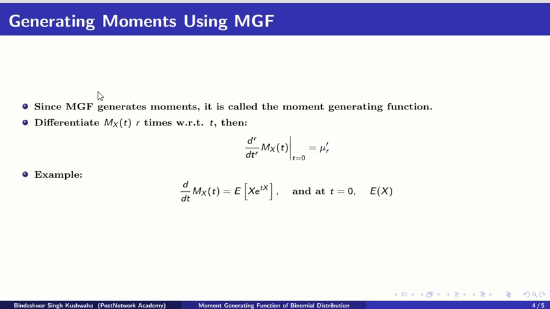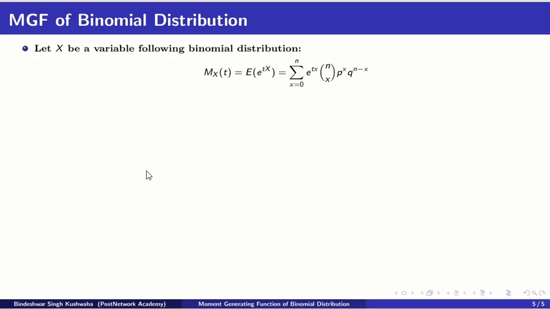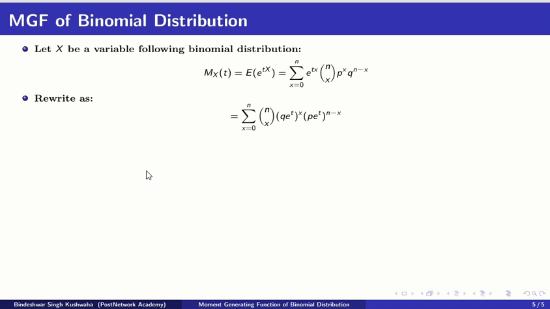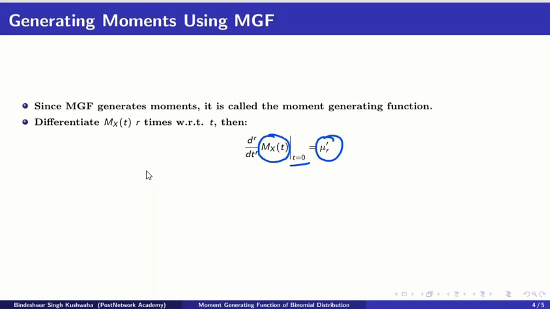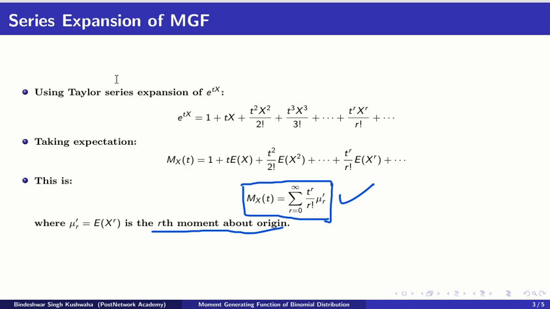For example, if you want the first moment, you will differentiate one time and put t equal to 0, and you will get E[X]. Here I am writing again because I want to show that suppose I want the first moment.